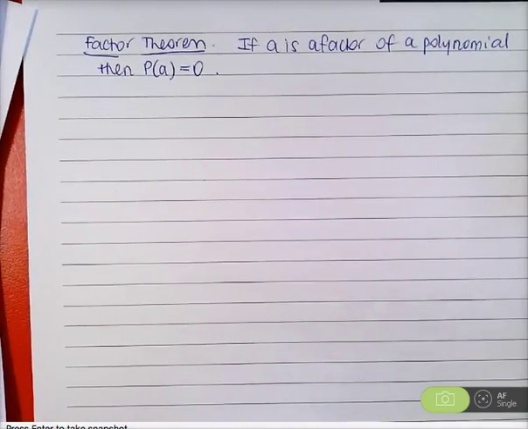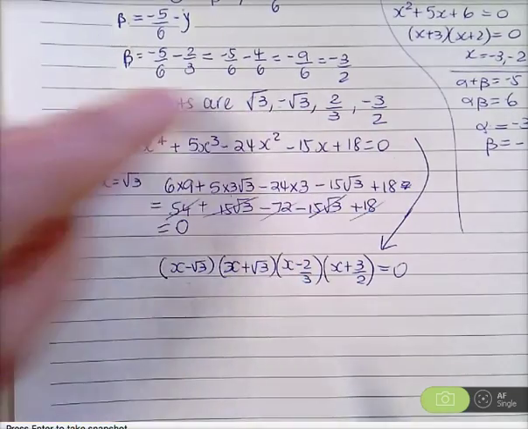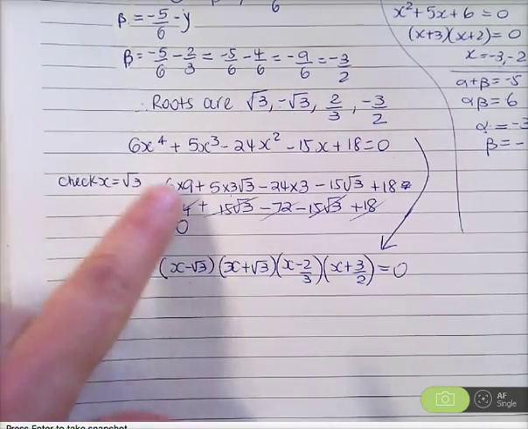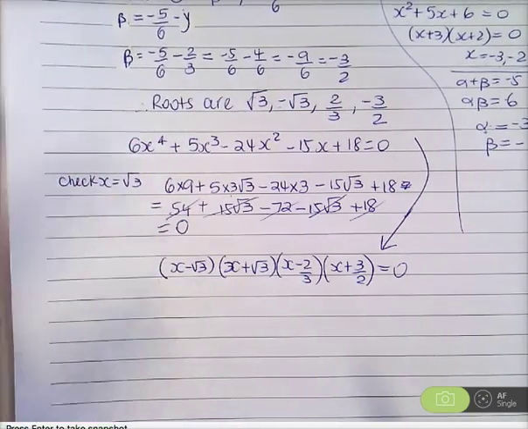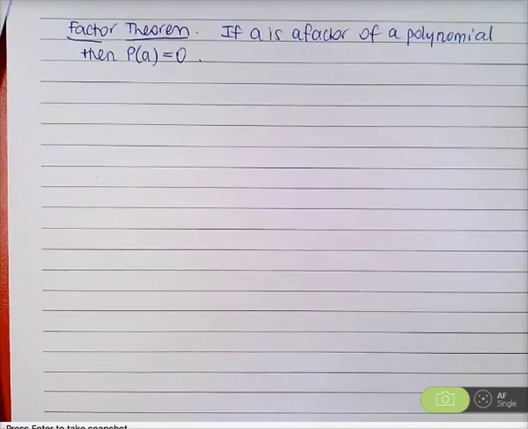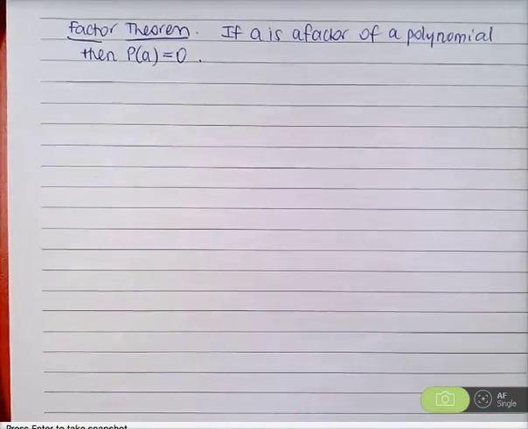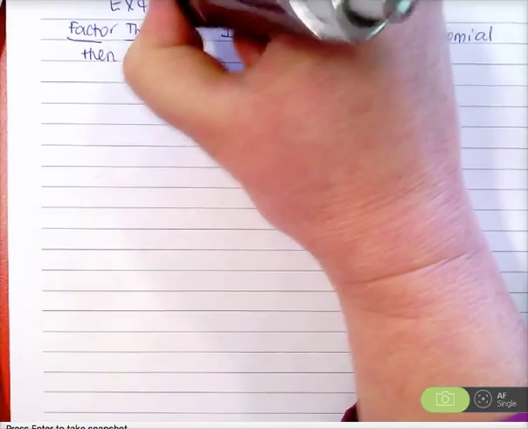If a is a factor of a polynomial, when I substituted one of those factors into the polynomial, I got 0. So if something is a factor, then when you put that value into the polynomial for x, you get 0.